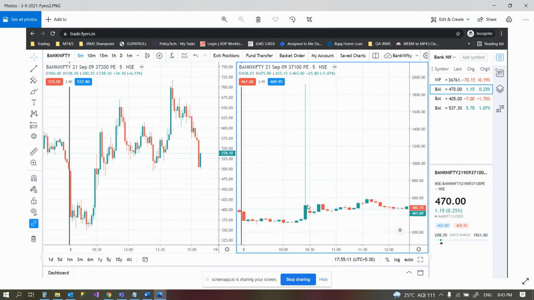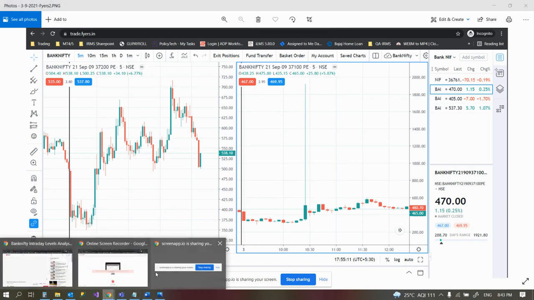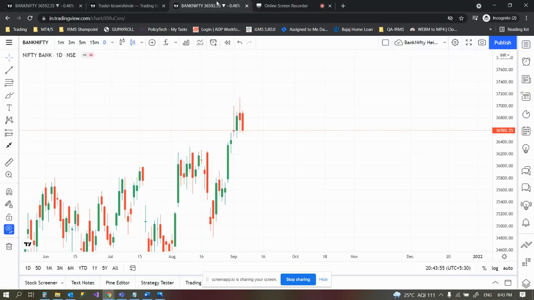There were also many complaints that even after placing a stop loss, the stop loss got triggered at somewhere higher levels. So this was another big issue. This is what I wanted to bring to you from an awareness point of view.